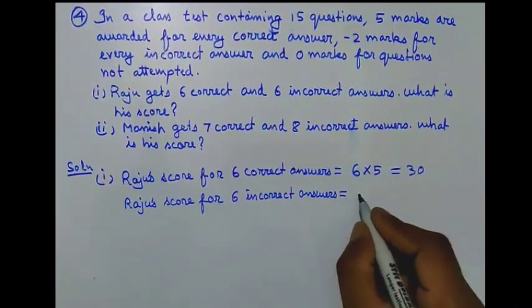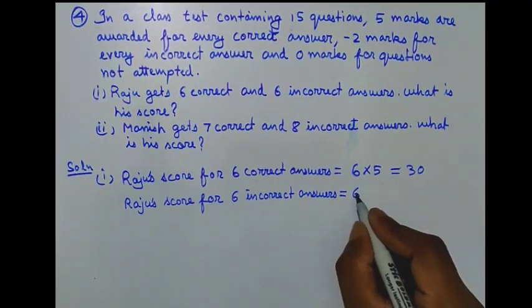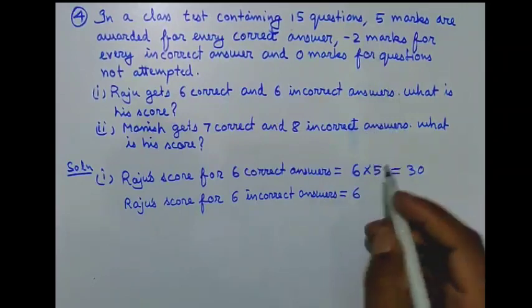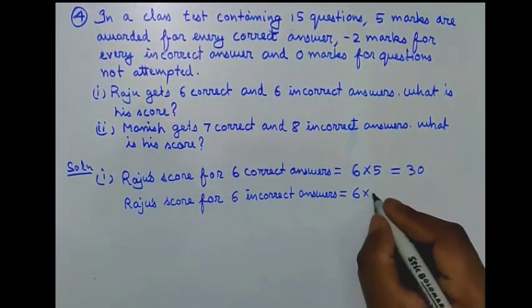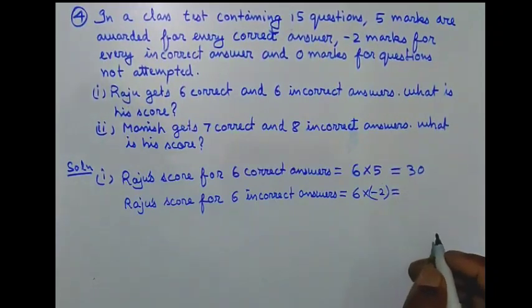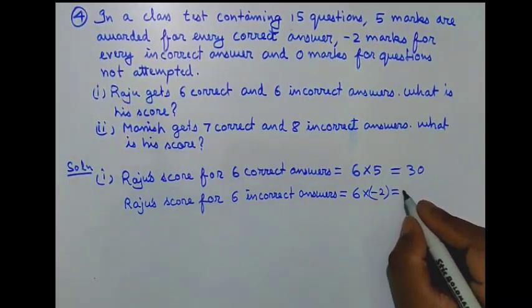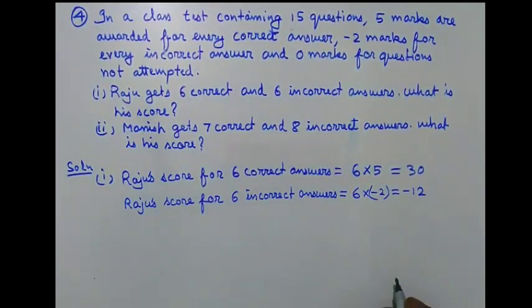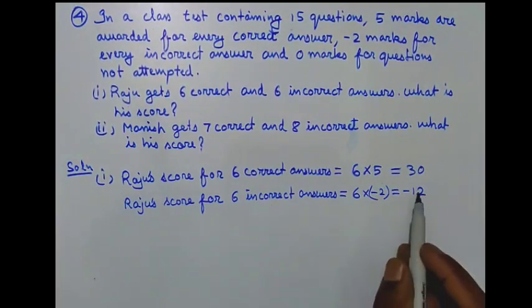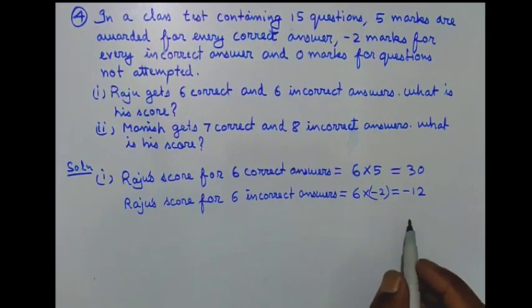For incorrect answers, how many marks are awarded? Negative 2. So we'll simply multiply by negative 2, and that will result in negative 12. So for 6 incorrect answers, Raju got negative 12.